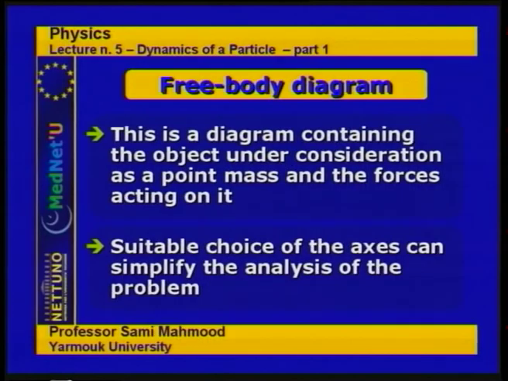One last point to mention in this regard is that when we are selecting the coordinate system, we have to make sure that we are choosing the most convenient set of axes or coordinate system in order to simplify our analysis as much as possible.